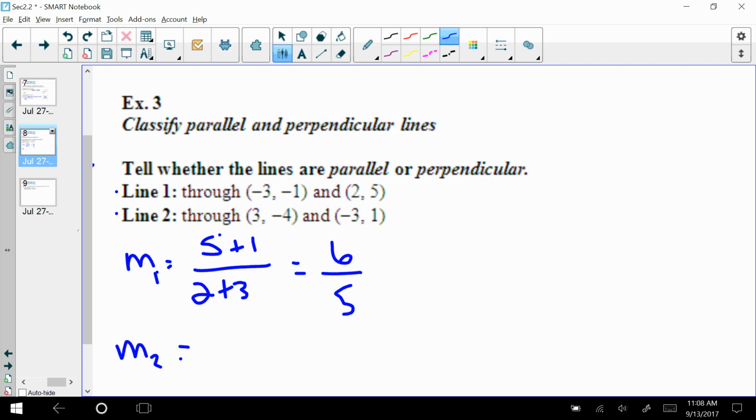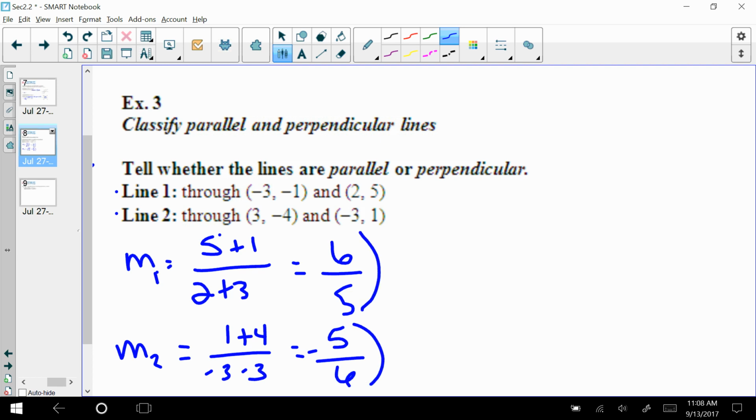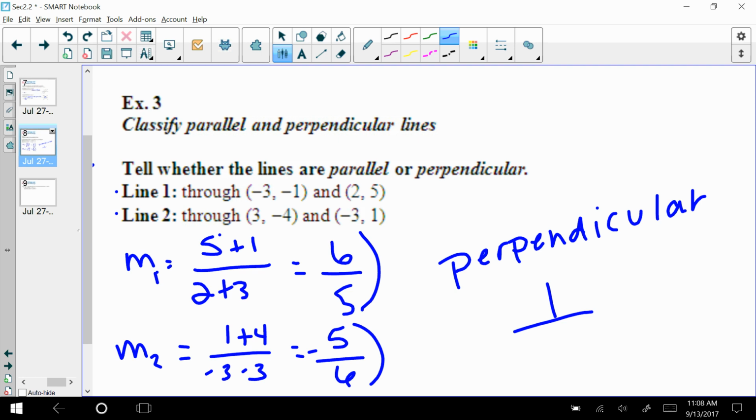Slope 2 is 1 minus -4, 1 plus 4, divided by -3 minus 3, which is equal to -5/6. So these two are negative reciprocals, therefore they are perpendicular. We also see perpendicular denoted like this.